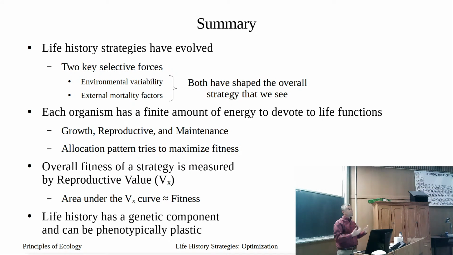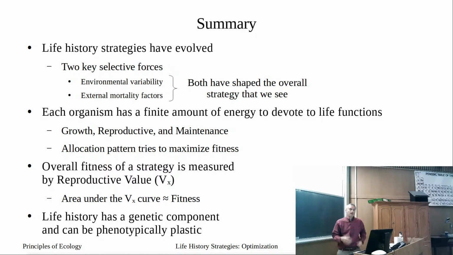We also have additional trade-offs within each of those. If we're talking about growth, should we allocate the energy towards fast growth or increased size? For reproduction, should we put the energy towards producing quality offspring, or should we allocate it towards quantity of offspring?